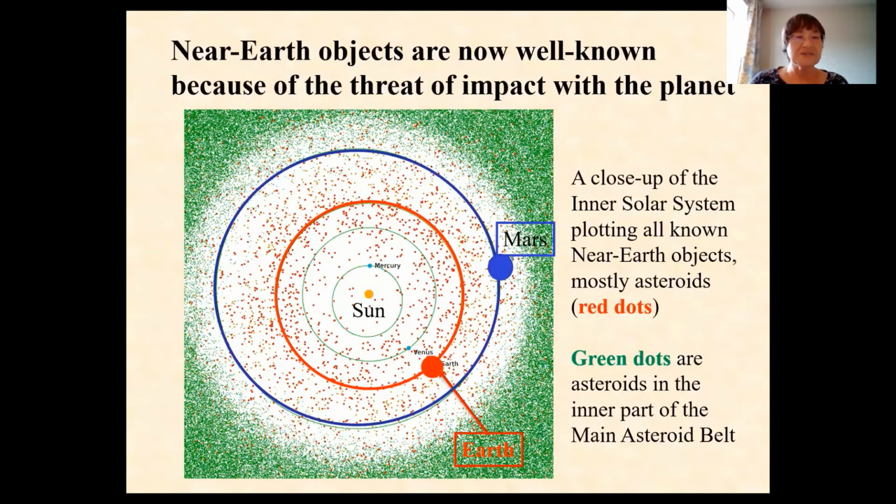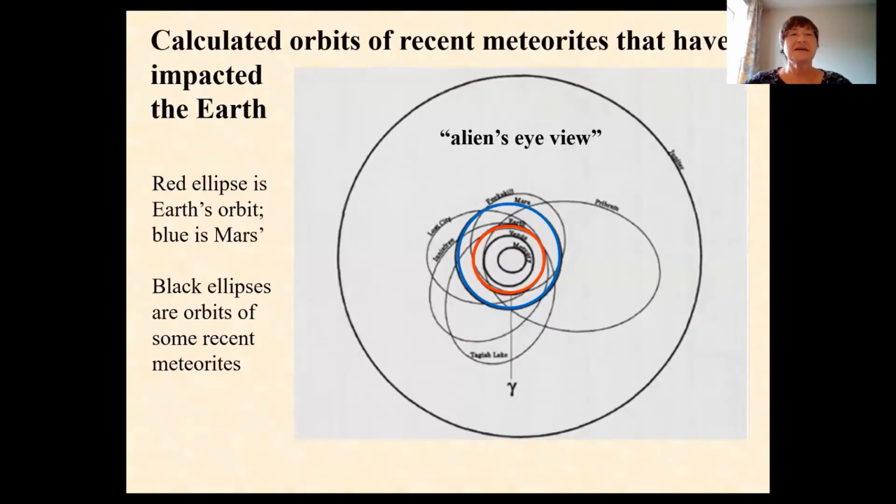All the red dots inside the orbits of Mars and Earth, those are the near-Earth objects. And the green dots, of which there are far more, are the asteroids in the inner part of the main asteroid belt.